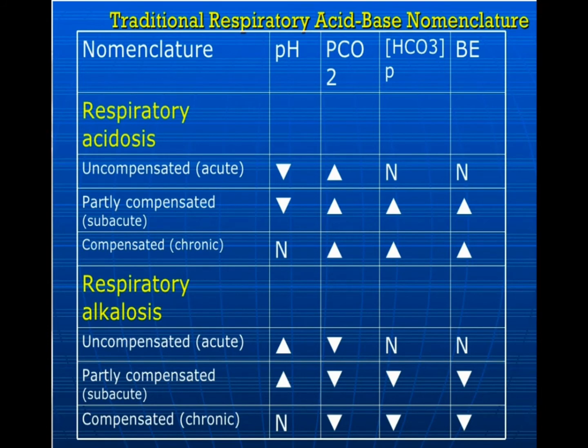Compensated, you will get normal pH, increased value in PCO2, bicarbonate, and base excess. In respiratory alkalosis, uncompensated, expect a result of alkalotic pH, low values of PCO2, and normal values of bicarbonate and base excess. Partially compensated, you will get alkalotic pH, low values of PCO2, bicarbonate, and base excess. Compensated, you will get a normal pH, low value of PCO2, bicarbonate, and BE.